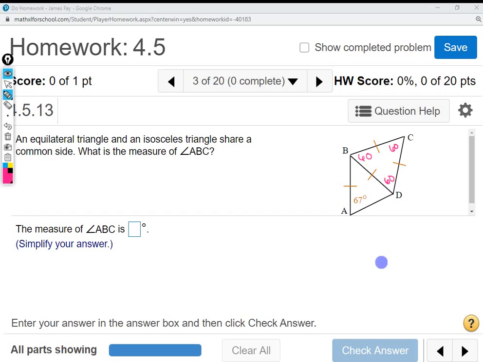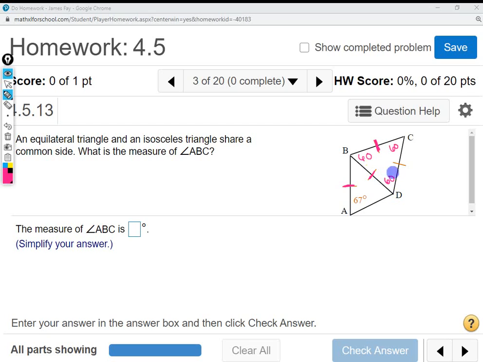Okay. Now, just because this one is 60 and it's across from a side that has one mark in it, one slash in it, does not mean that when I go over to the second triangle, everything across from one mark has to be 60 as well. Does that make sense?